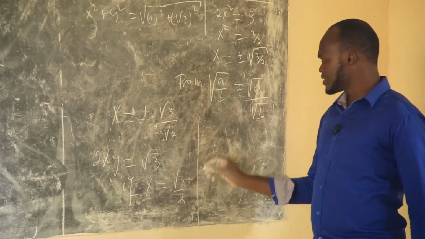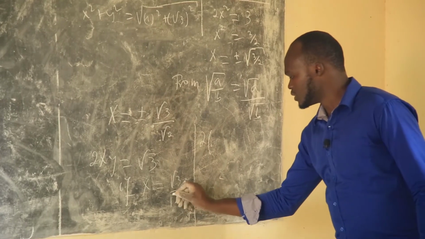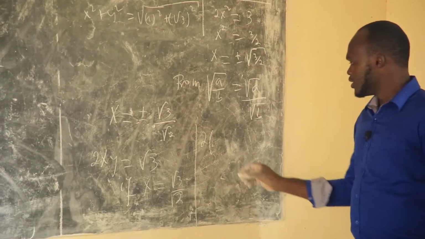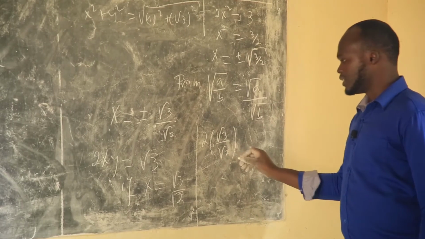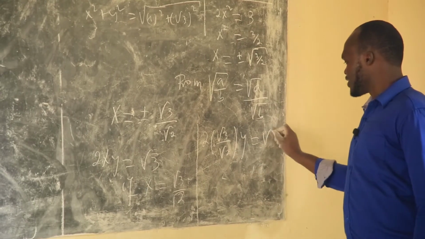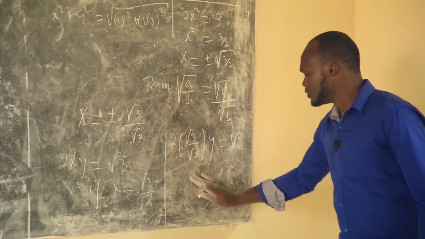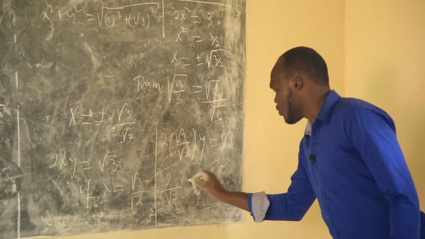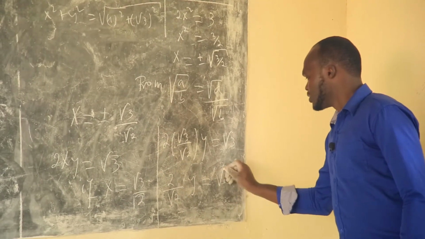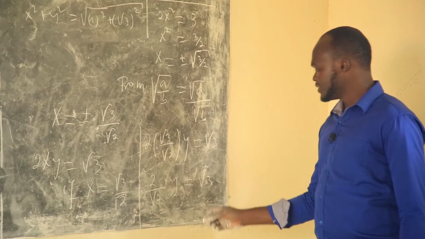So now, 2 into bracket root 3 over root 2 times y equal to root 3. This root 3 will cancel with this, we remain with 2 over root 2 y, which is equal to root 3. So we cross multiply.